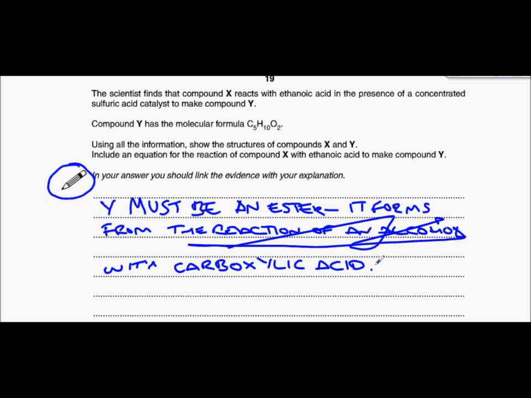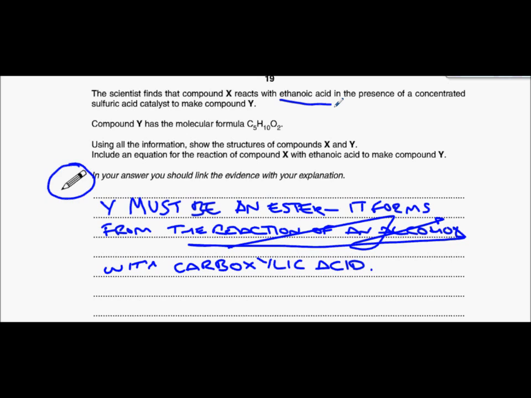In this mark scheme, it wasn't good enough to say react with ethanoic acid because it mentioned it in the question. It wanted you to know that ethanoic acid was a carboxylic acid and that an ester forms when an alcohol and a carboxylic acid react. So that was a key marking point that you had to state, and people often don't state explicitly enough in these questions. Y must be an ester.